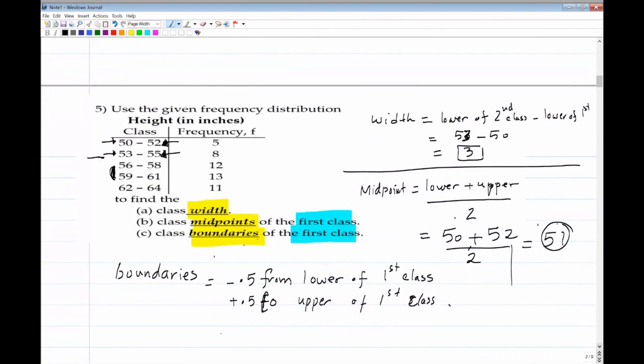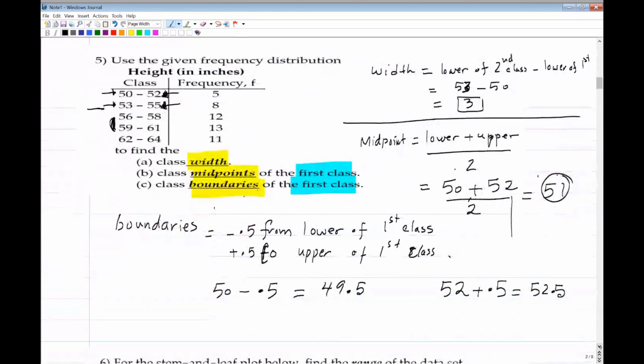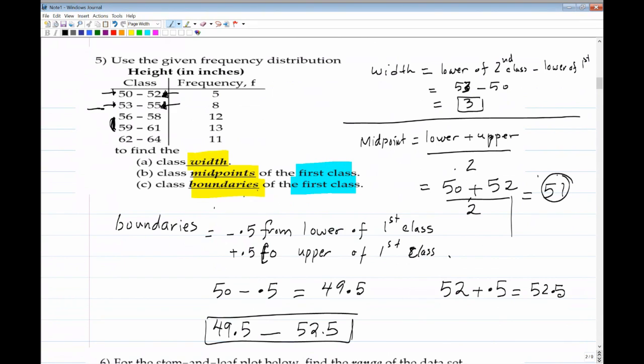If you look at the first class, that's 50. I'm going to subtract 0.5, and that will give me 49.5. So we go to the upper class, which is 52. We add 0.5, we get 52.5. So the boundary for us is 49.5 all the way to 52.5. So adding and subtracting 0.5 from the lower and the upper bound.